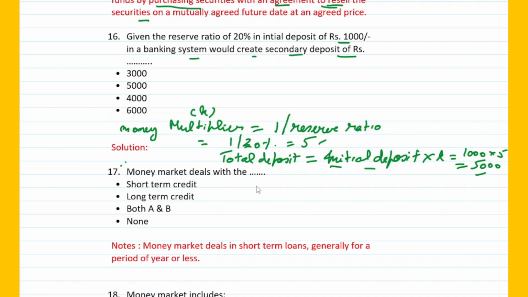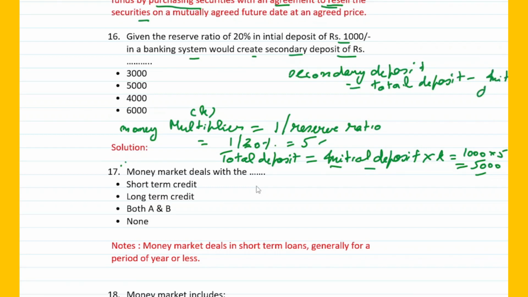What is the question asking you? The question is telling you, or asking you rather, in banking system would create secondary deposit. So you need to calculate basically the secondary deposit. How do you calculate secondary deposit? Secondary deposit is simply the total deposit minus the initial deposit.